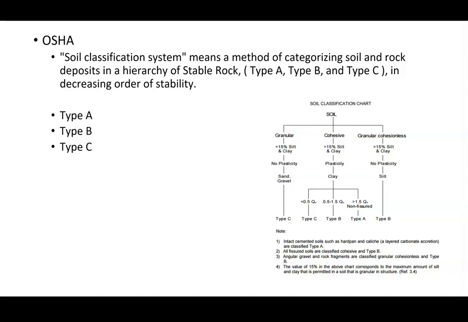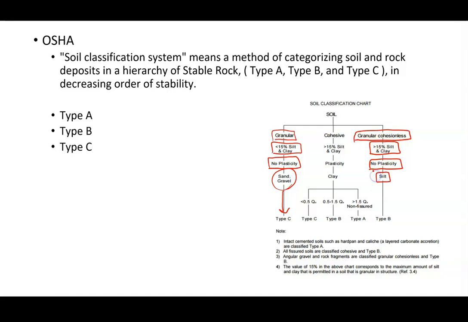We also looked at the classification provided by OSHA based on the structural classification. If we have granular soil with less than 15% fines with no plasticity, then it's basically just sand and gravel and it's type C. If we have granular with more than 15% silt and clay, but it has no plasticity, so it's granular, cohesionless.